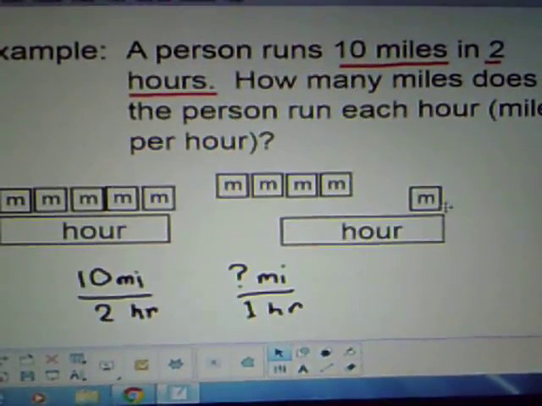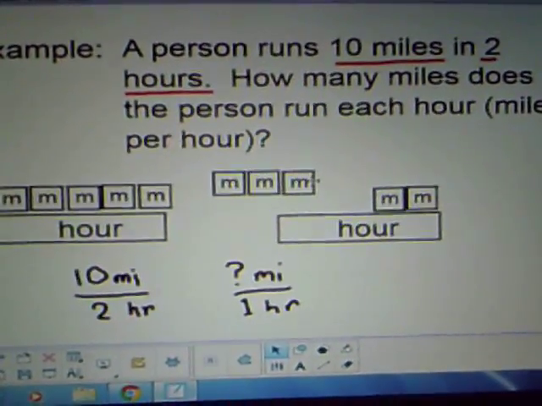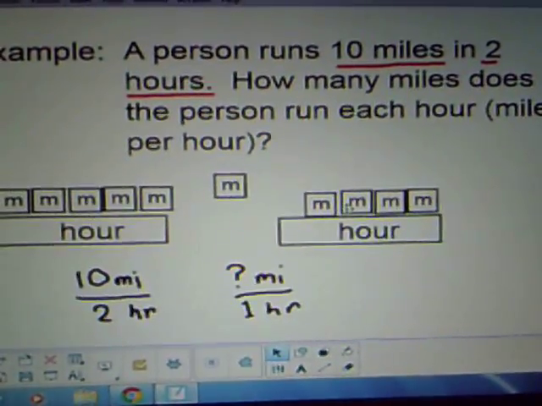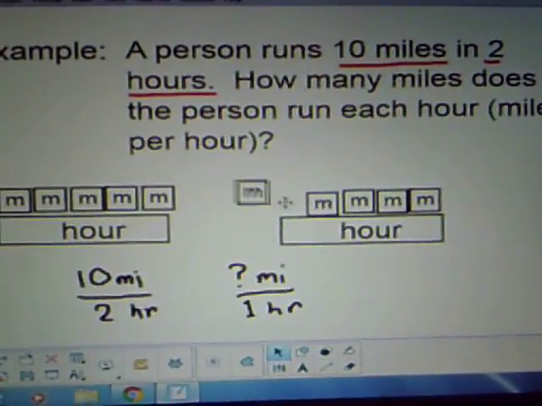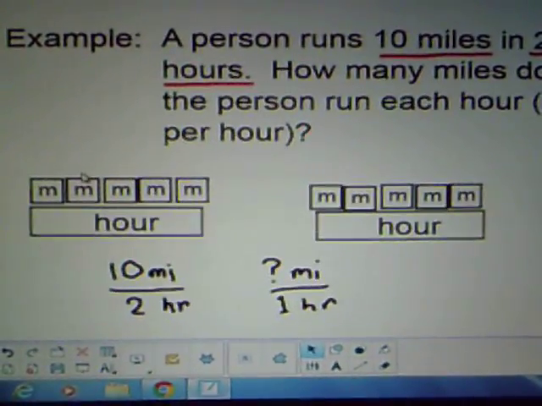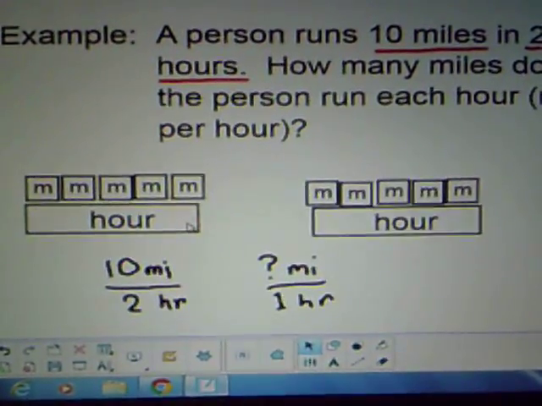And what you'll notice is that if there was 10 miles for the 2 hours, each hour is going to have 5 miles in it. So we can see that this person runs 1, 2, 3, 4, 5 miles every hour.